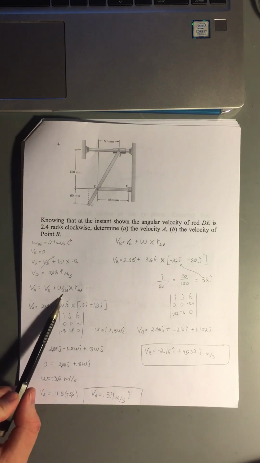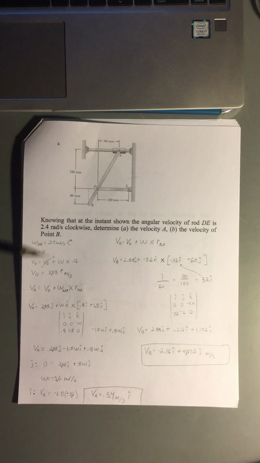We don't know the omega yet, but we can find that here. And then we cross that with the distance from D to A, and I broke that into components, and so we have 150 millimeters in the j hat direction and 80 millimeters in the I hat direction. And so that's what this term is here.